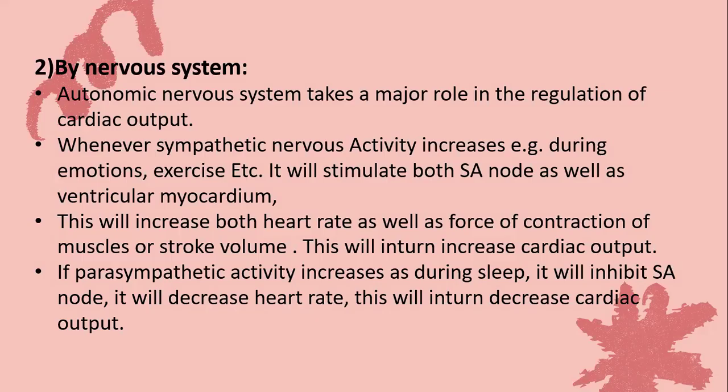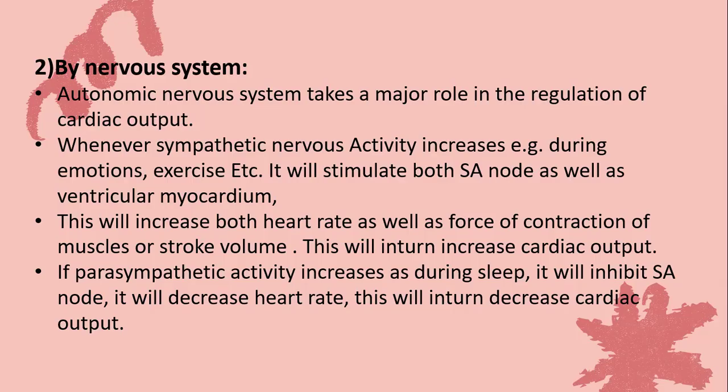Second one is by nervous system. The autonomic nervous system usually takes a major role in regulation of cardiac output. Whenever sympathetic nervous activity increases during emotions or exercise, it will stimulate both the sinoatrial node as well as ventricular myocardium. This will increase heart rate and also the contractions of muscles, so it will also increase stroke volume.